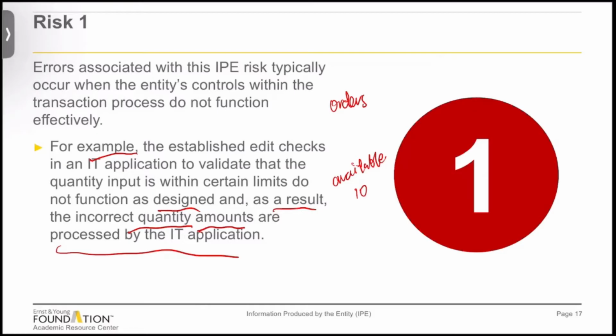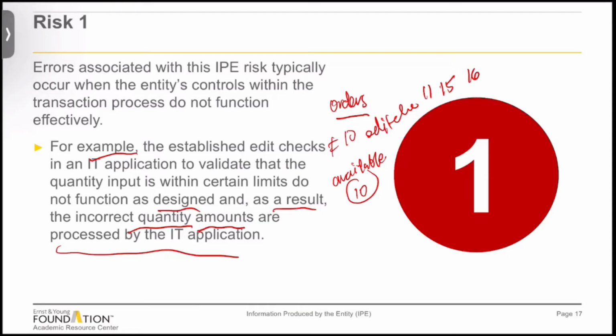Okay? If the application is programmed correctly, when you are inputting an order, the system should automatically check whether there is enough available items. So hindi dapat more than 10 yung ma-input from the order. Okay? So when this edit check is not working, so pwedeng 11 na malagay niya, 15, 16, no, instead of the correct amount.